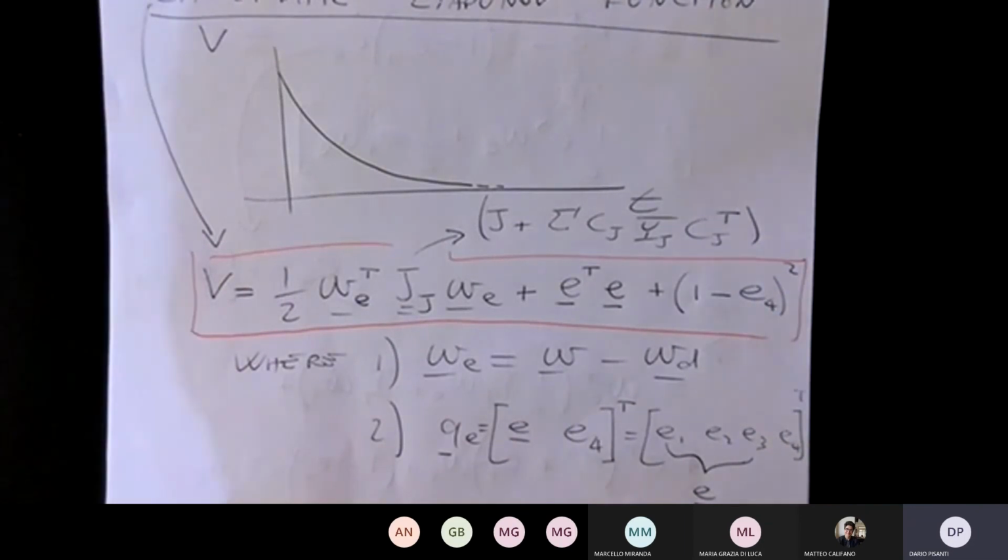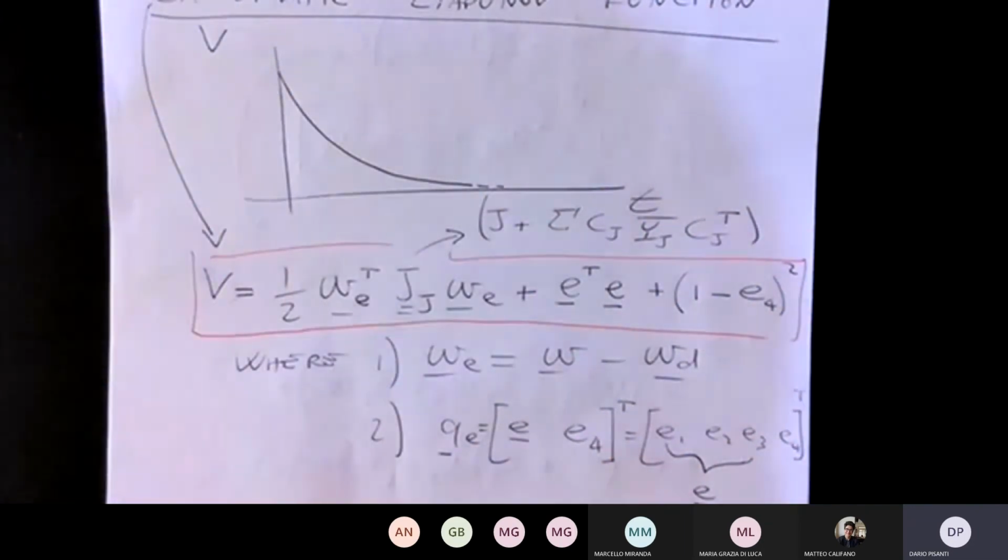We know a priori that this condition will allow us to control in a stable way.